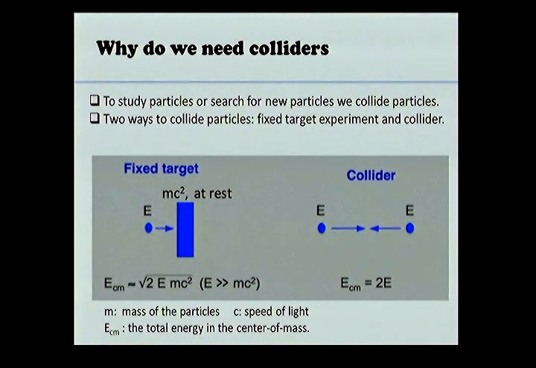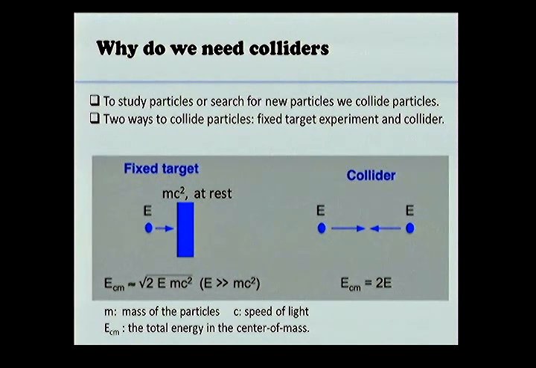First, we discuss two particles colliding head-on. Those two particles are exactly the same, only different in their energies. In the fixed target experiment, a particle with high energy E hits the fixed target and collides head-on with one particle inside the fixed target.